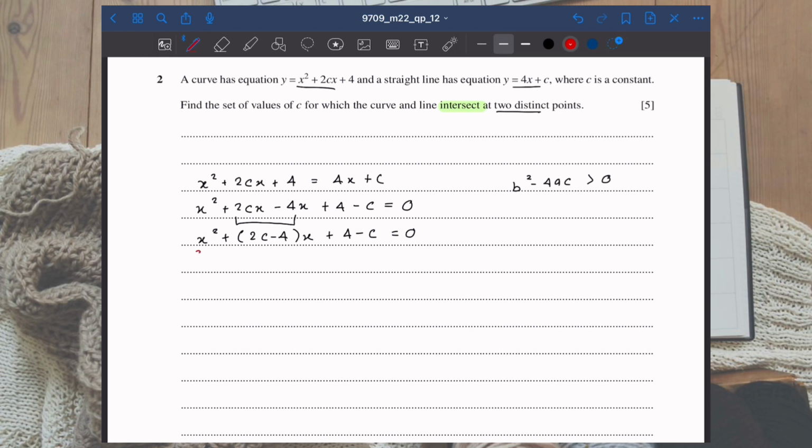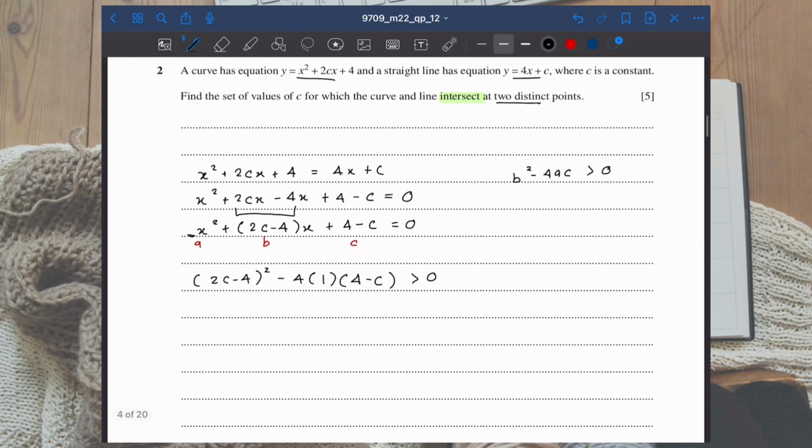So now you have your a value, your b value, and your c value. So substitute these values into b squared minus 4ac. So we'll get 2c minus 4 squared minus 4, there's an invisible 1 at the front here, and our c, 4 minus c, more than 0.